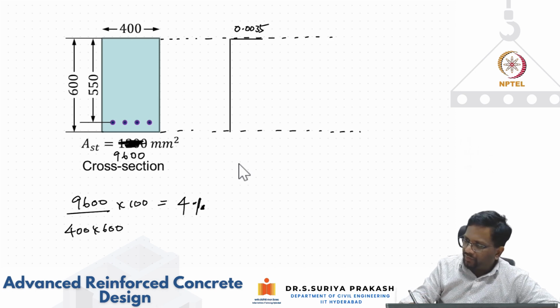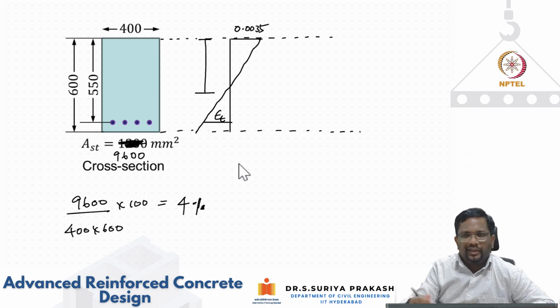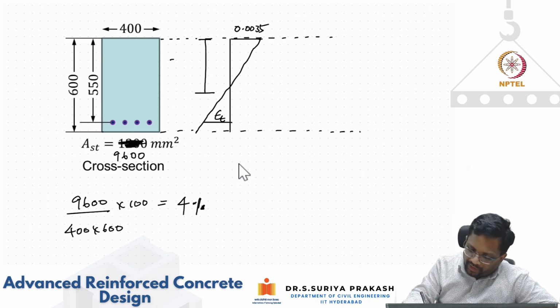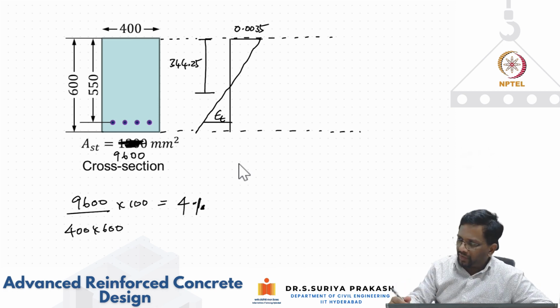And steel, we don't know what the tension steel condition is. For balanced condition, we know, but this we don't know. So I'm going to write that as epsilon t, and then I'm going to assume a value for my xu. Let's say I take a value of 344.25.